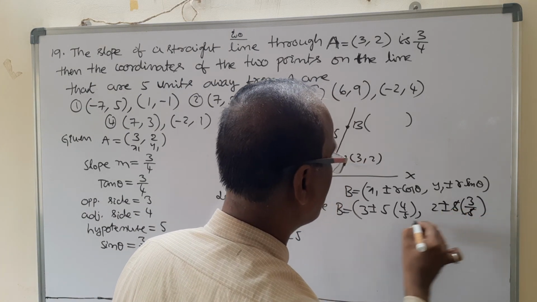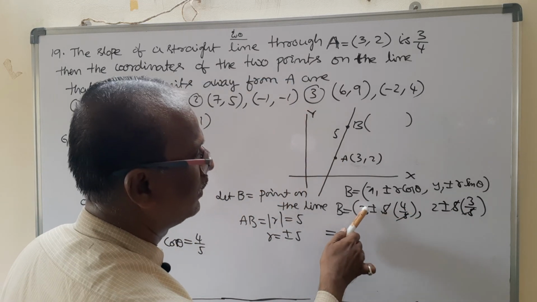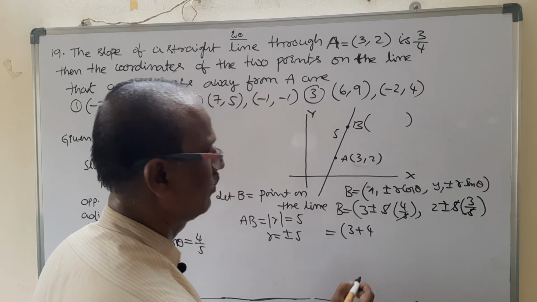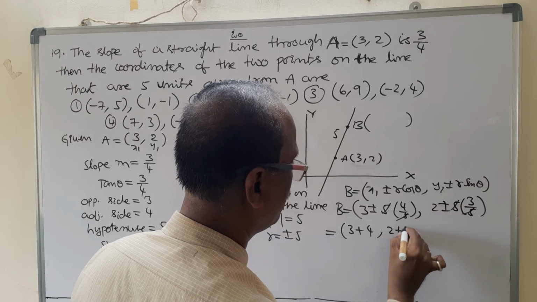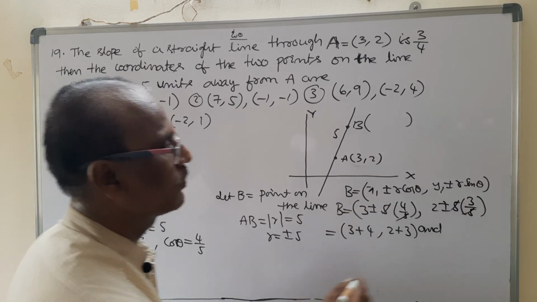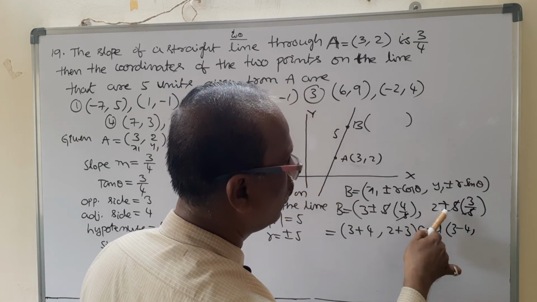Here the 5 cancels. So we take 3 plus 4 comma 2 plus 3, and next 3 minus 4 comma 2 minus 3.